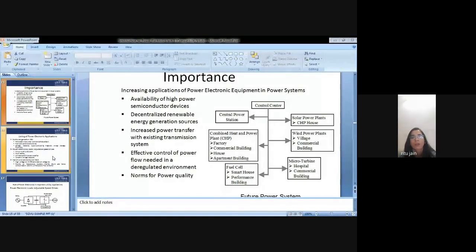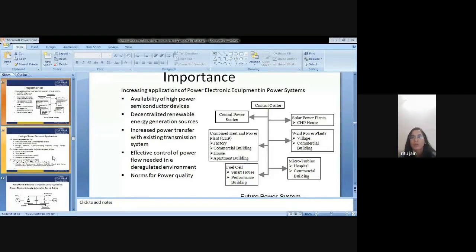The second option is to change the existing system by introducing new components, right? These new components are constructed from power electronic equipment.